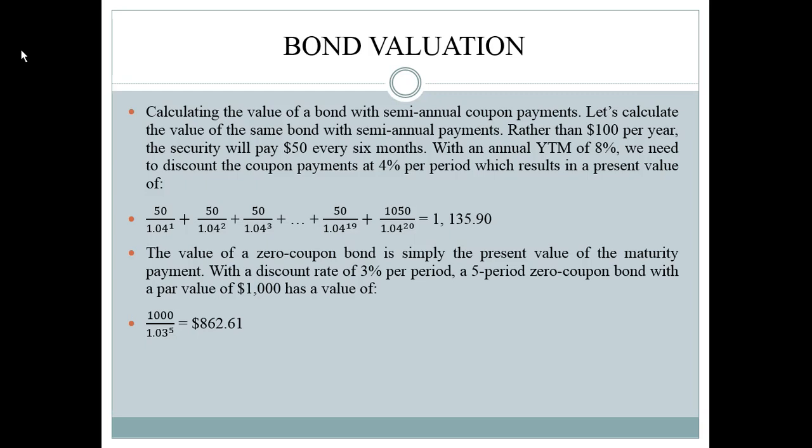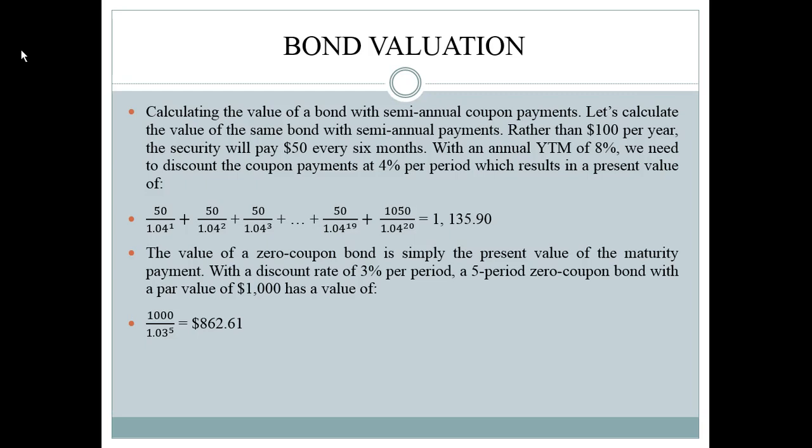So we're now going to look at a zero coupon bond. Well, this is a bond which pays no coupons at all. Okay, so let's say that we've got a discount rate of 3% for 5 years or 5 periods, and let's say the par value is 1,000.